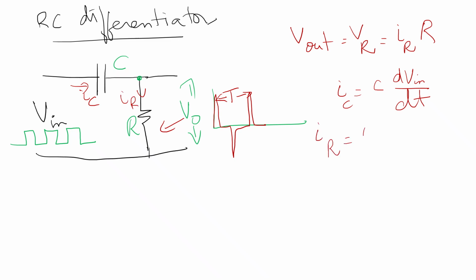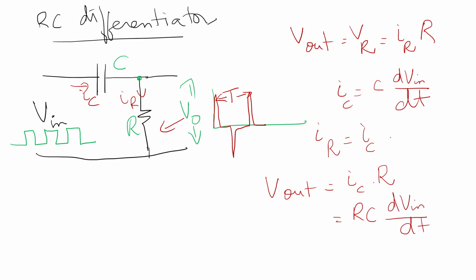So IR is equal to IC. Since IR is equal to IC, we get the output voltage is equal to IC into R, which is equal to RC into dV in by dt. So from this we conclude that the output voltage is a differential value of the input voltage. Hence, the circuit behaves as a pure RC differentiator circuit.